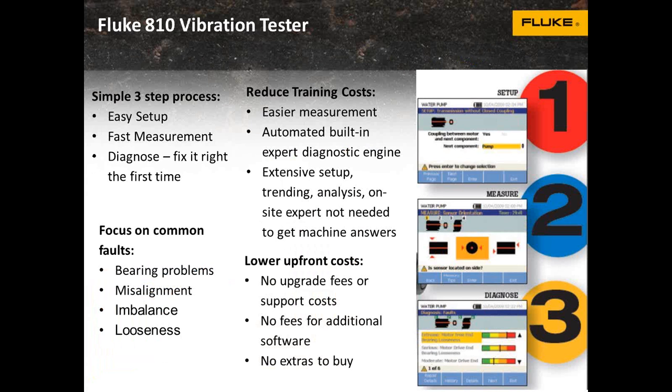The 810 has been designed to make vibration analysis simple and easy for the non-expert. Notice that we set this up with 3 easy steps, and over on the right you can see that the first step is setup, where you would go through a machine design wizard that would ask simple questions about the setup of the machine.